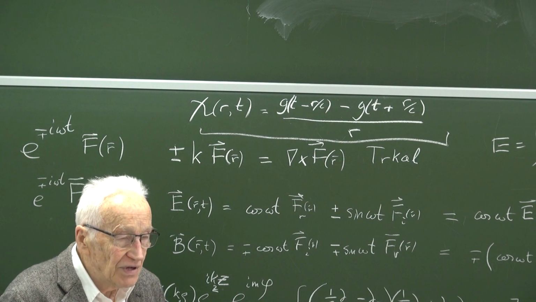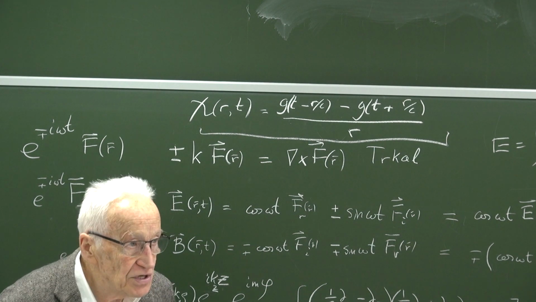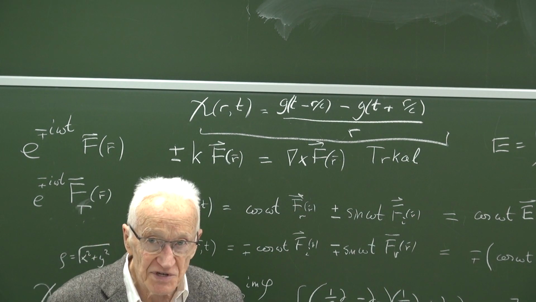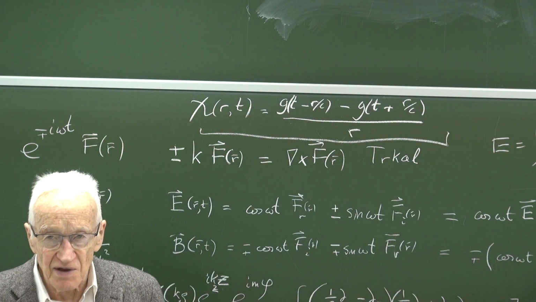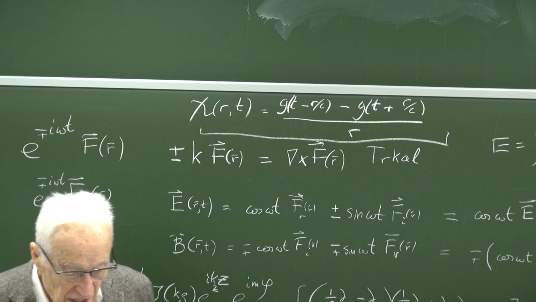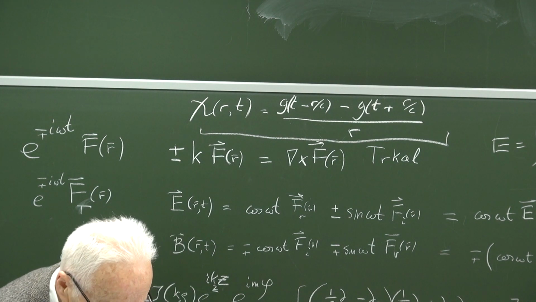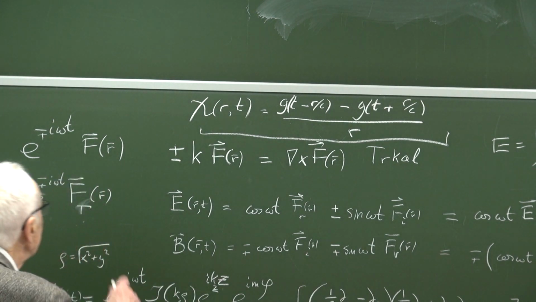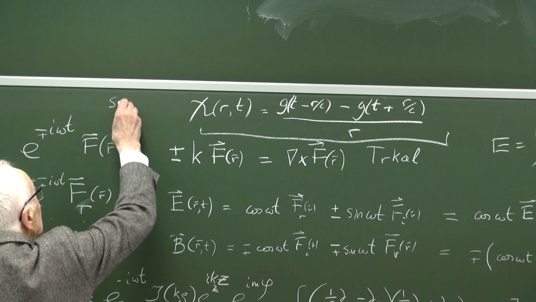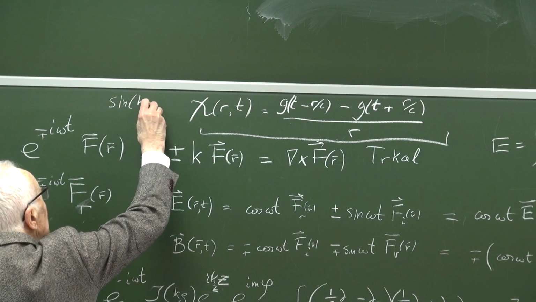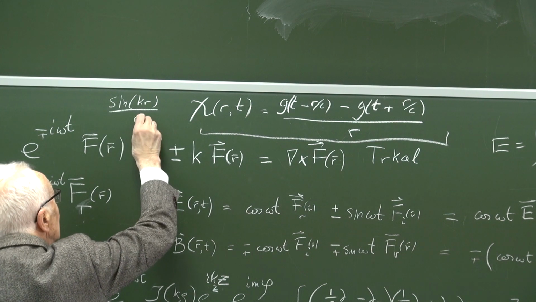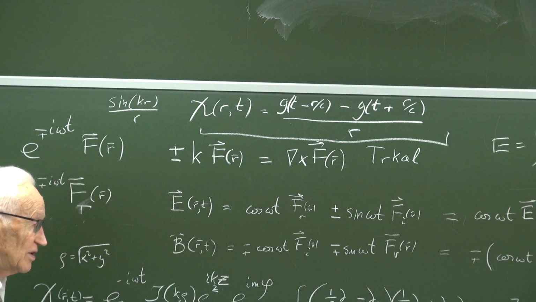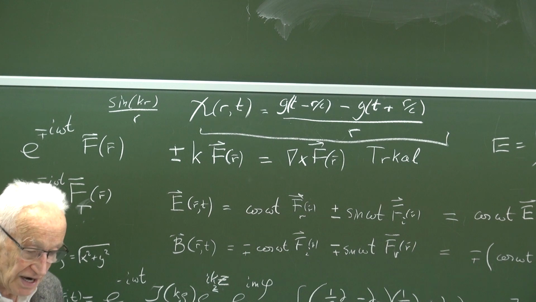So you can have all kinds of nice solutions in the form of spherical waves, including such typical spherical waves as those described by the sine function. This happens when you take G in the form of sine kr divided by r, then you get spherical waves well known in the sine form.